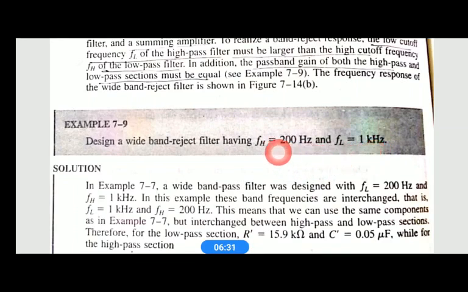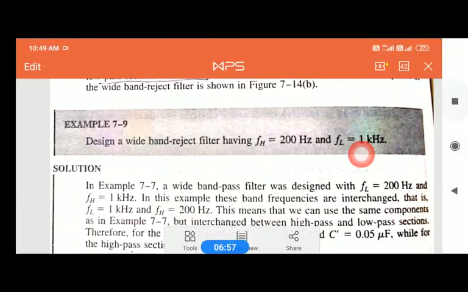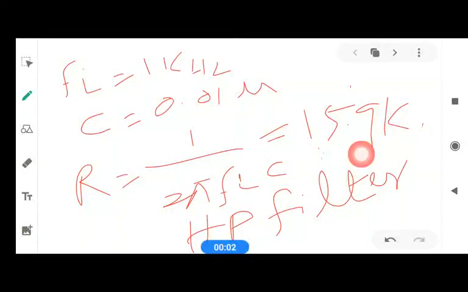So how you designed the band pass filter previously for FH equal to 1 kilohertz and FL equal to 200 Hertz, you have to do this same design here in a reverse direction, since here FH is 200 Hertz and FL is 1 kilohertz, right? Here FL is more than FH. So to design this, what we have to do, we'll go to here is our digital board.